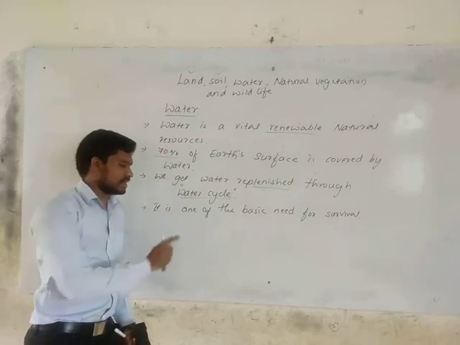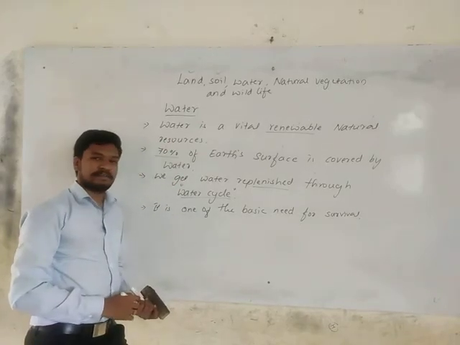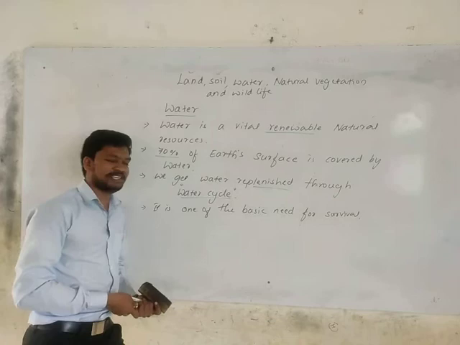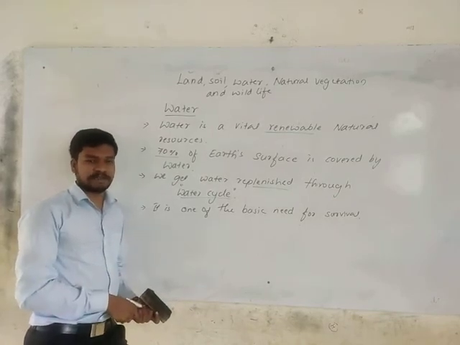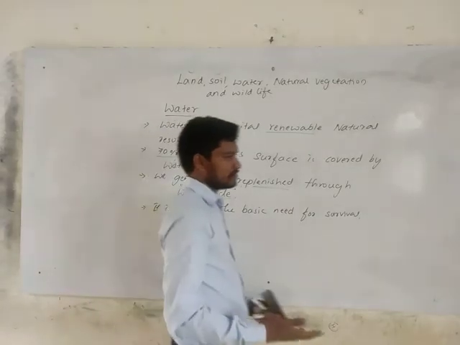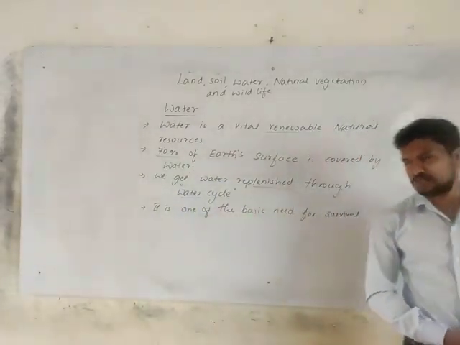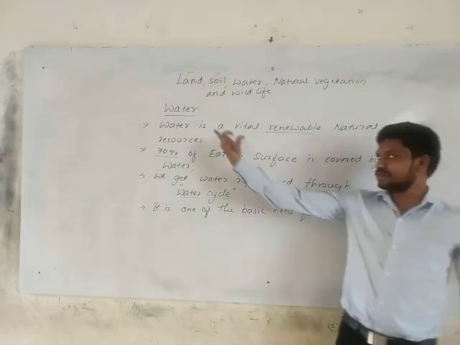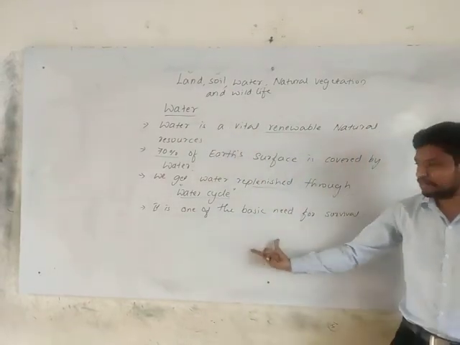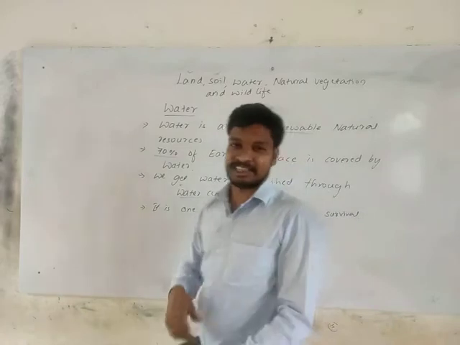Air, sunlight, land and water, these are the four important basic needs to survive on the earth. Not only for human beings, but for any other living organisms to survive on the earth. These are the basic needs. So water, what we are discussing, is very important.